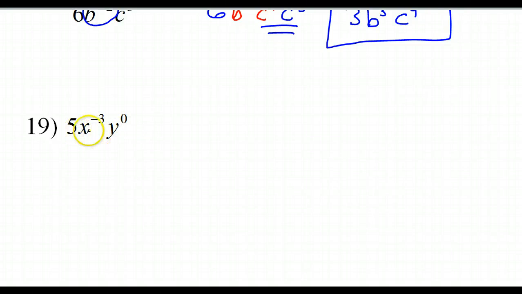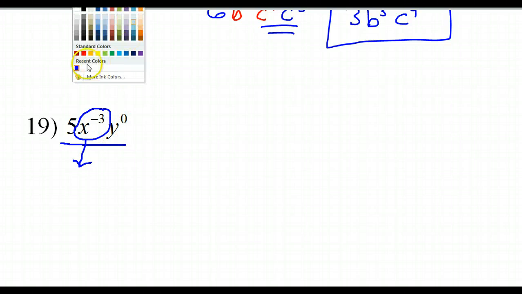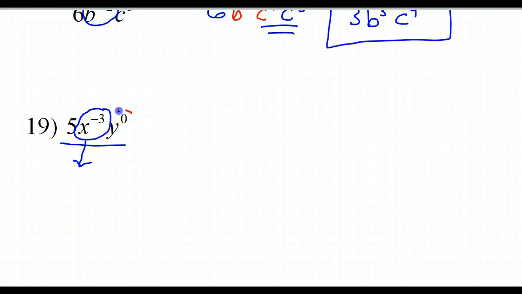So let's see, I see the negative exponent here. That tells me that this is going to drop down. Here's my invisible fraction line. But I also see y to the 0 power. Please understand that anything to the 0 power equals 1. So this has a value of 1, which I don't really need to write because I've already got a 5 there holding the place. So 5 times 1 is just 5.